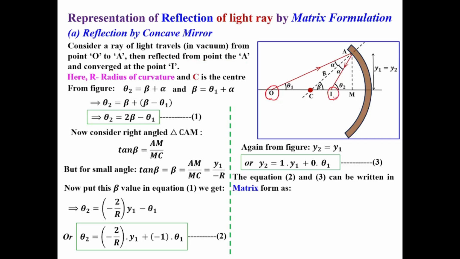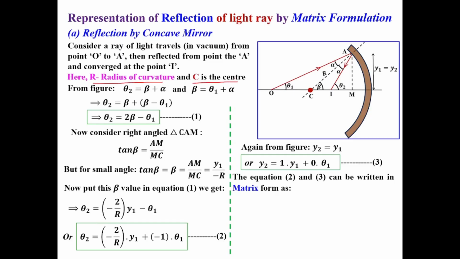So how can we represent this dynamics of reflection in matrix form? Here I am going to discuss. You have to write it in your own note from the exam point of view. Here R is the radius of curvature and C is the center.